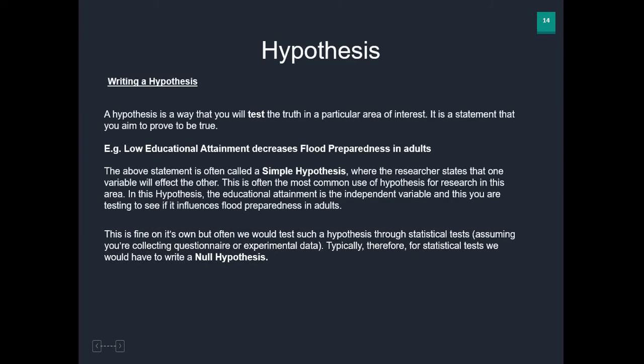So now that we know the difference between an independent and a dependent variable, we now need to form our hypothesis. Okay, and a hypothesis is a statement that we're going to find a truth in a particular area. Okay. So for example, using the example before, we could say as a hypothesis that low educational attainment decreases flood preparedness in adults.